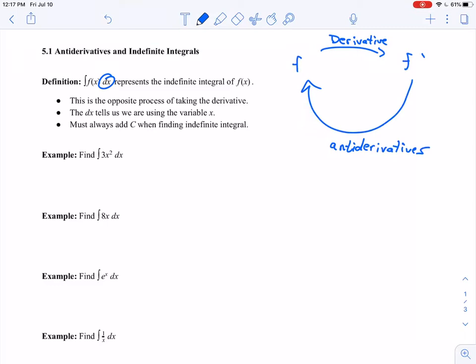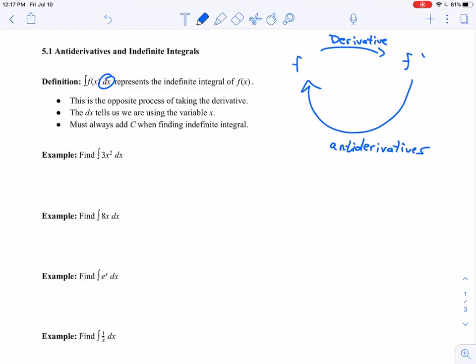If you were to take, say, a calculus 2, we might have double integrals, in which case we might integrate some function with respect to x and then with respect to y. We're only going to look at single integrals in our class, but just so you know, there are other things out there. And then this part right here, you always add c when finding the indefinite integral. I want to talk about that in just a second here.